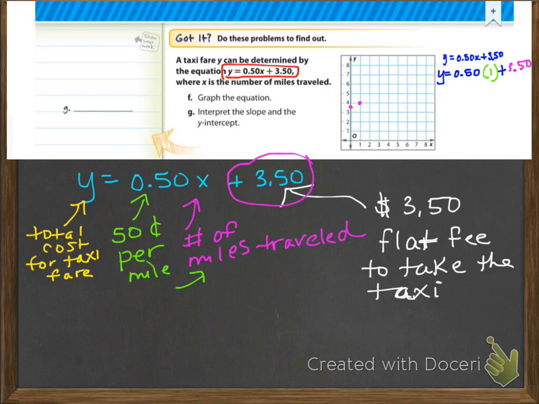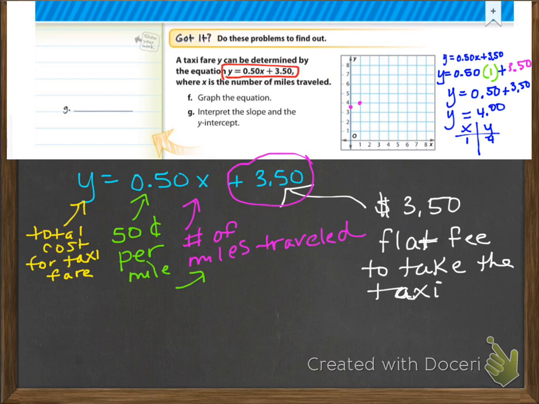So now let's go ahead and just solve that out, work out the math portion of it. So we get y equals 50 cents plus $3.50, which means y equals $4, okay? So what that means is if you're looking at it in a table, when x is 1, y is 4, okay? So this is how you get the ordered pair 1 and 4.